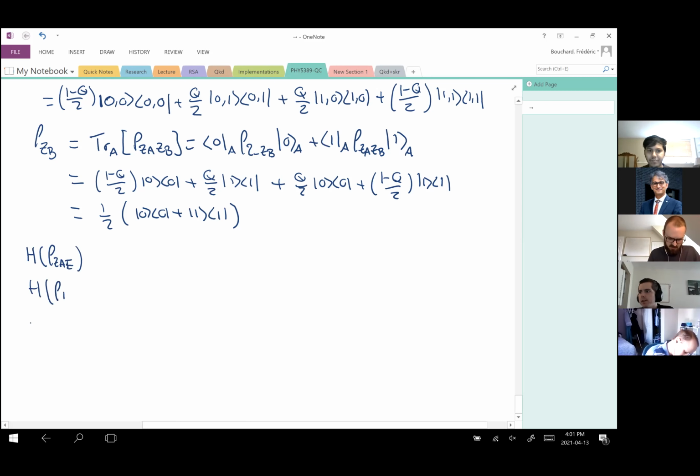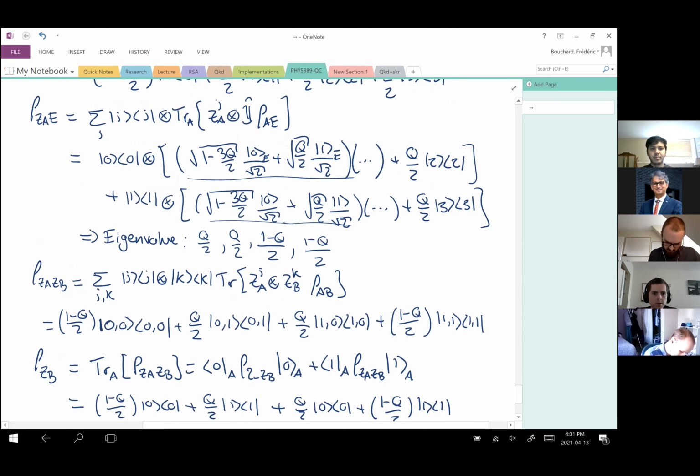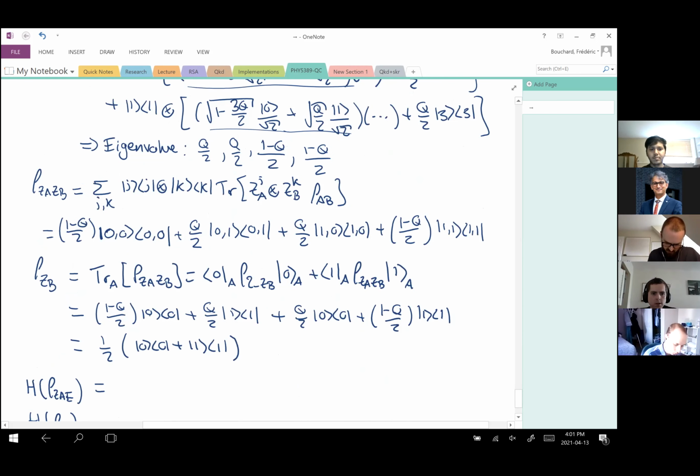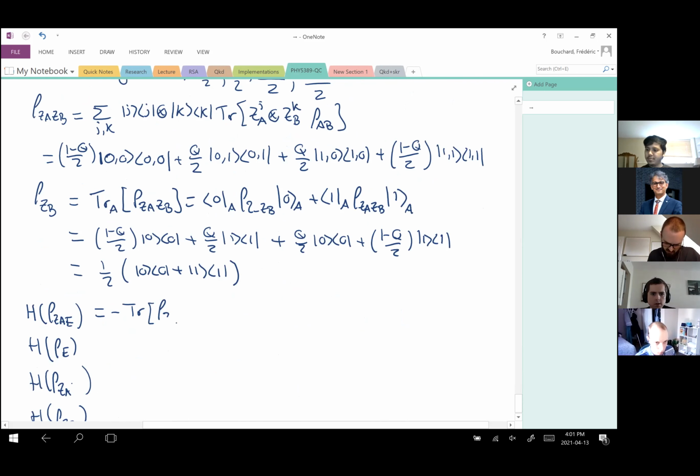Rho E, rho ZA ZB, rho ZB. For rho ZA E, we know the eigenvalues, so let's first write down the formula for the entropy: minus the trace of rho ZAE log base 2 rho ZAE.